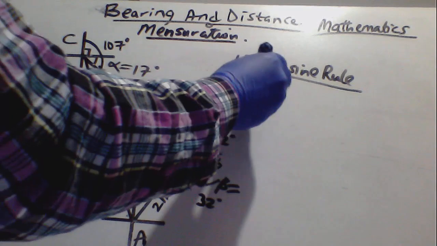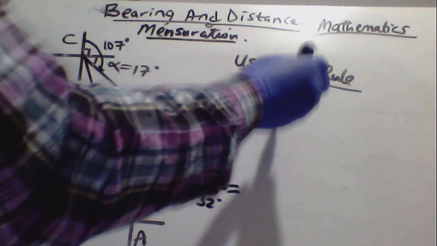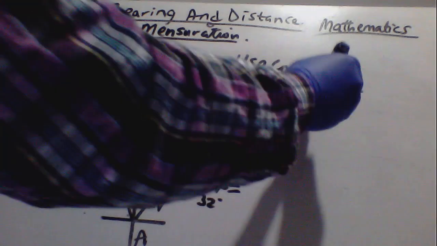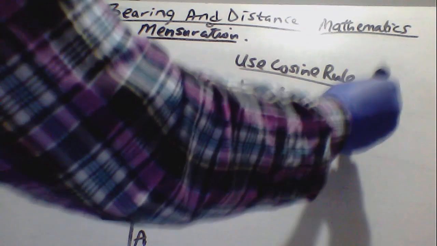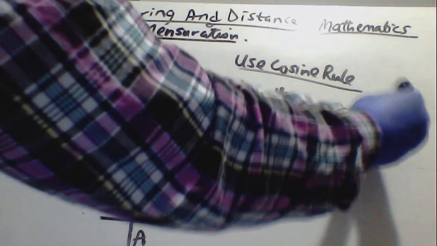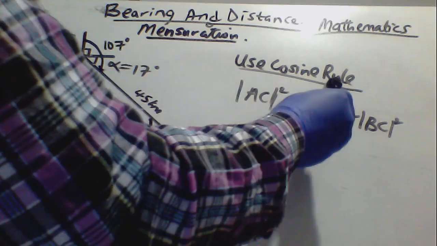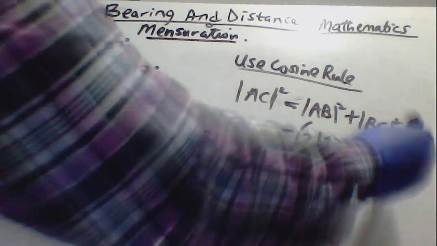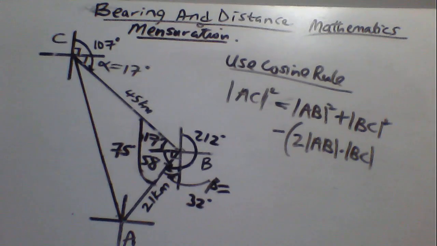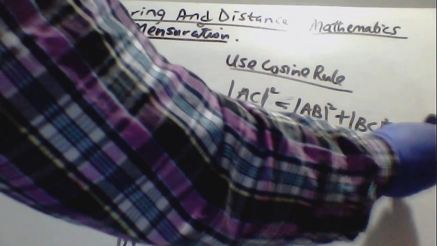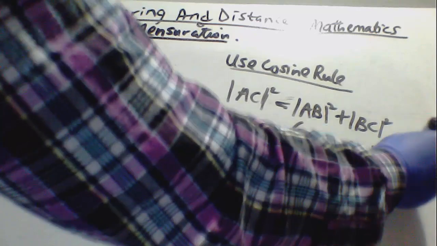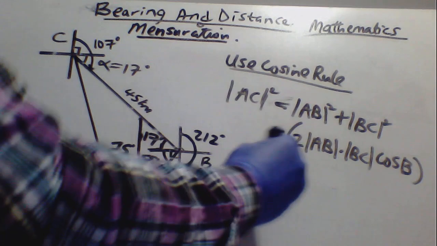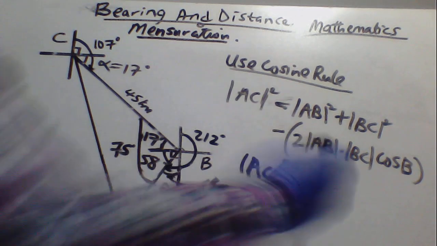You have that AC squared is equals to AB squared plus BC squared minus in bracket 2 in bracket AB multiplying BC cos B, multiplying to the cos B. So from here you have AC squared is equals to what?